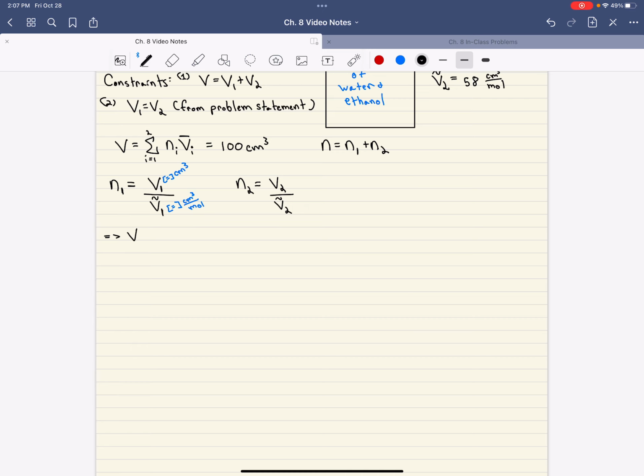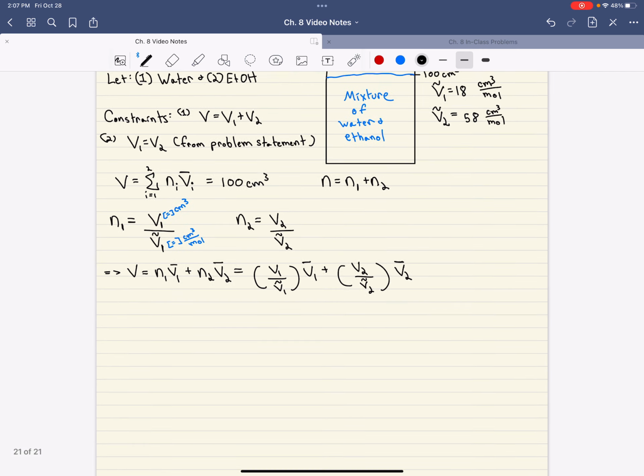So V total is equal to N1 V1 bar plus N2 V2 bar. We'll now plug in for the moles: V1 over V1 molar, V1 bar, plus V2 over V2 molar, V2 bar. Okay?